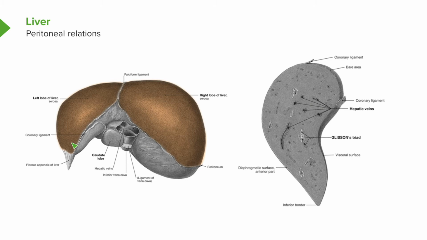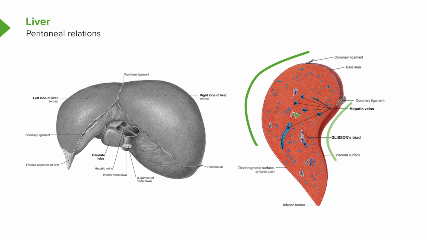These two layers converge and then migrate towards the anterior abdominal wall here as the falciform ligament. These two peritoneal layers also come up in this direction. They also extend up in this direction. And that's what we can see on this other diagram over here, where it's passing upwards.